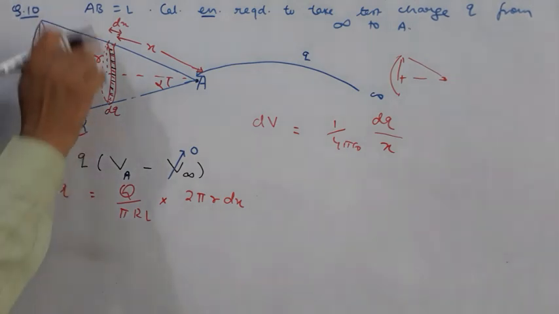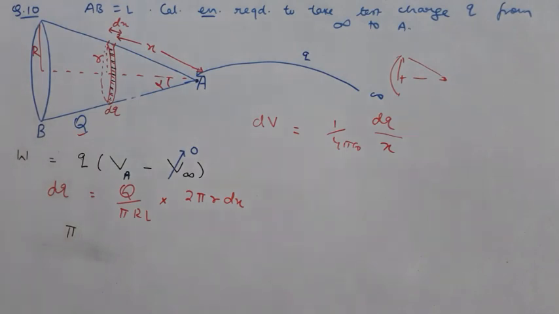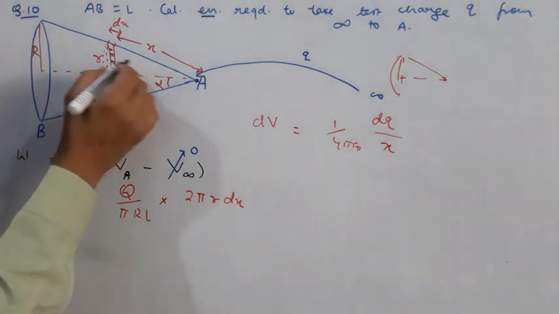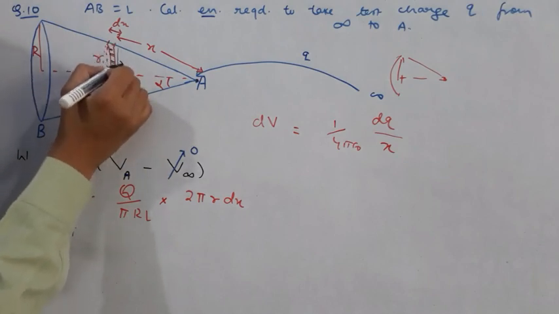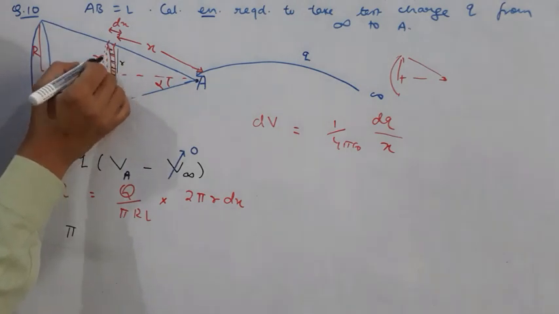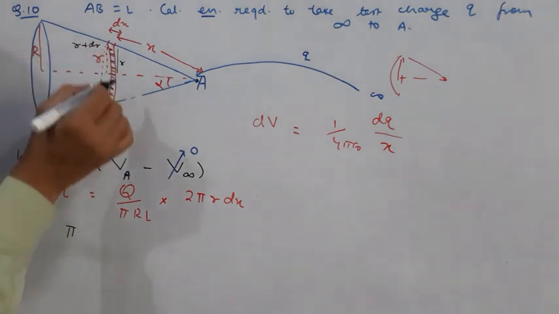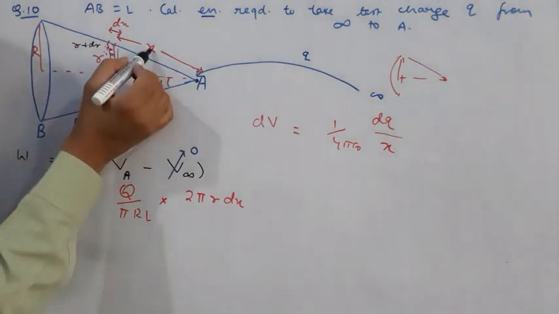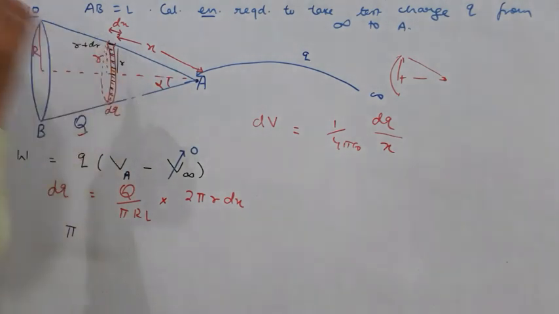For the bigger cone, the surface area will be pi R L. The inner cone has radius r and slant height x. The outer cone will have slightly greater radius, r plus dr, and slant height x plus dx.